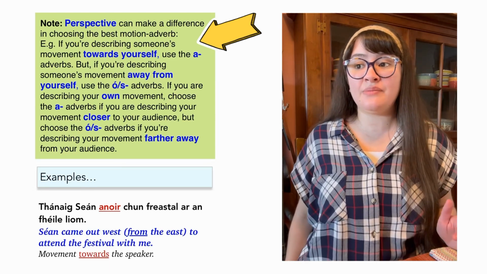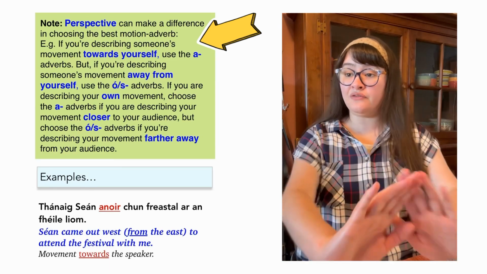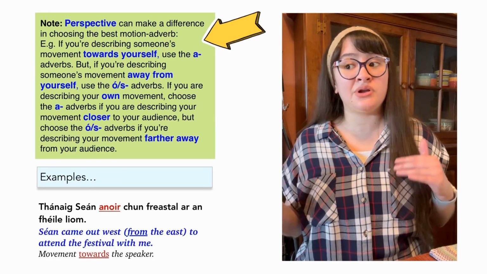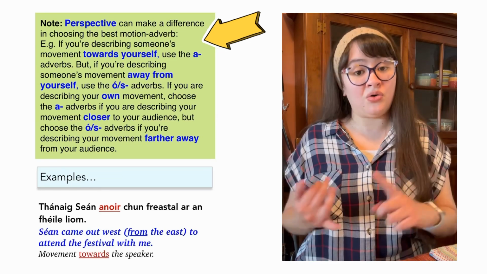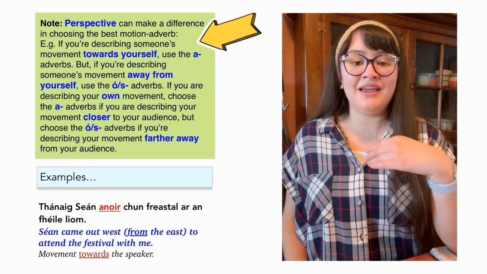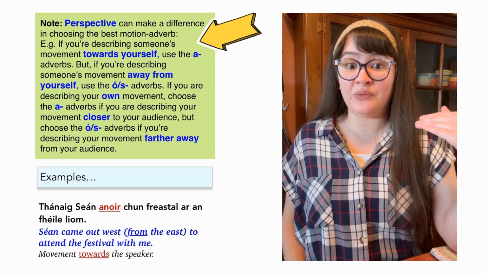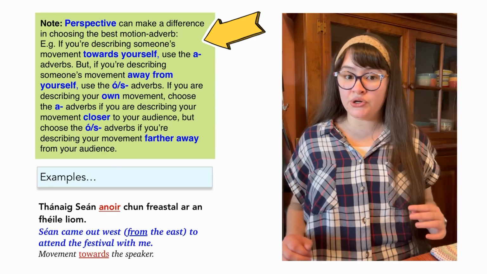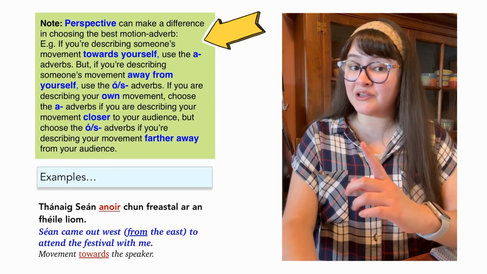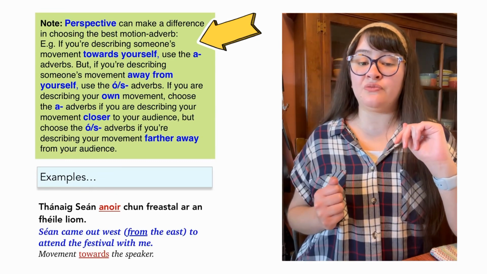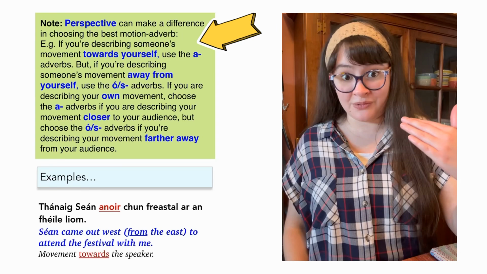But if you're describing someone's movement away from yourself, use the O/S starting adverbs, like ohue and sheer. If you're describing your own movement, use the adverbs starting with an A if you're describing your movement closer to your audience, but choose the O/S adverbs if you're describing your movement farther away from your audience.